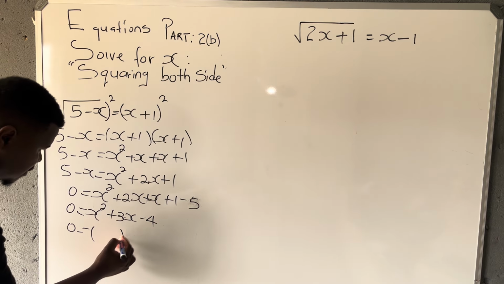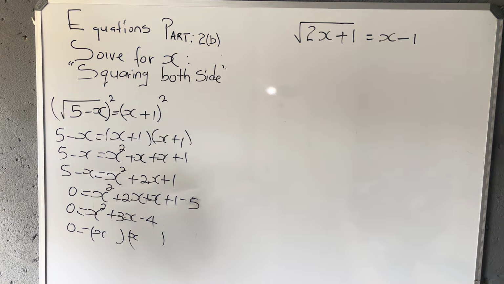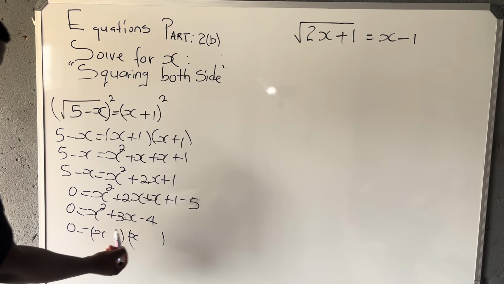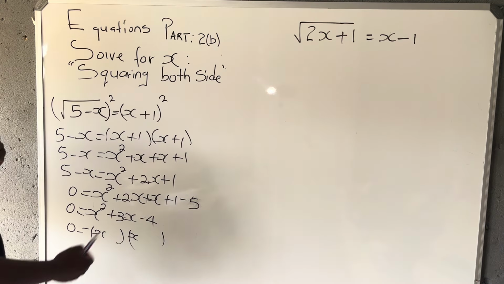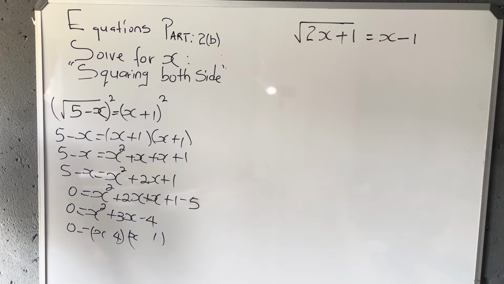Now, let's factorize this. You need to be good with factorization. I emphasize that because factorization goes a long way. It's everywhere; in most topics, we come across factorization. Now, factors of 4 that can give us 3. You cannot think of 2 times 2 because they'll never give us a 3, but only 4 times 1. If we add or subtract them, we get a 3.